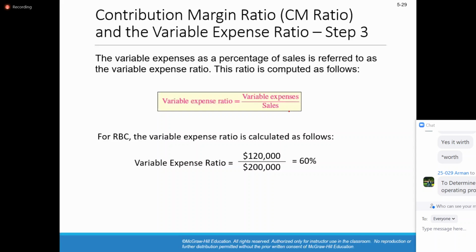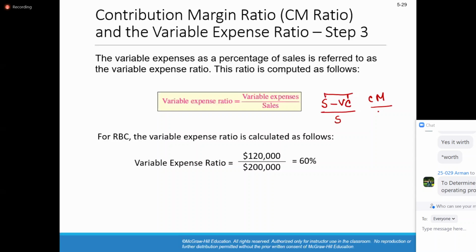So we are getting the contribution margin by subtracting variable cost. Okay. And dividing this number by sales, we get the contribution margin ratio. And we know that this difference is contribution margin.